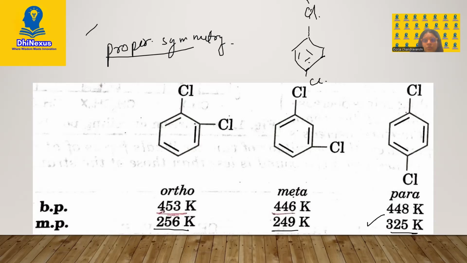So in this case, my para has the highest melting point, then comes ortho and meta, with meta actually the least. So the trend for melting point would be para, then ortho, and then meta. And for boiling point, it is ortho, then para, and then meta.